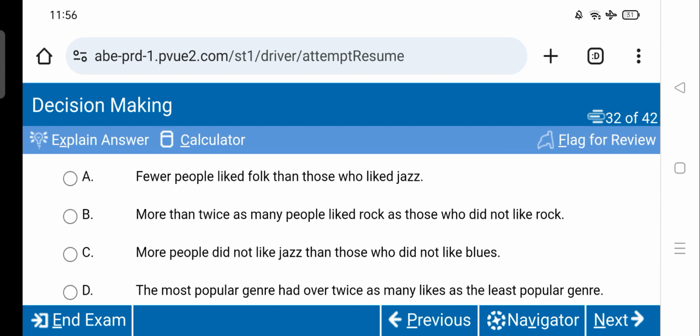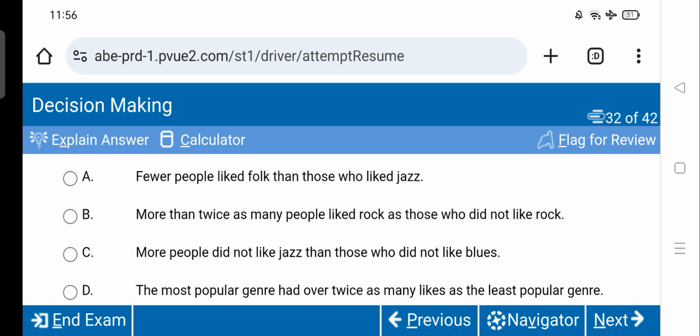Option A. Fewer people liked folk than those who liked jazz. Option B. More than twice as many people liked rock as those who did not like rock.